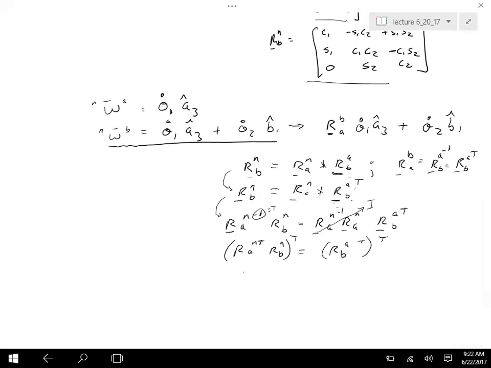So this will give me R B to N transpose R A to N transpose, and those will just go away. Okay, so there I've got a nice clean equation from the two things I already have, and we just practiced two steps in this derivation.